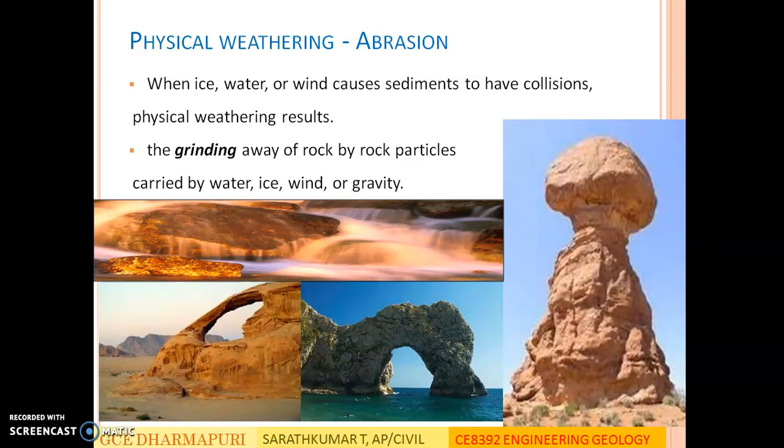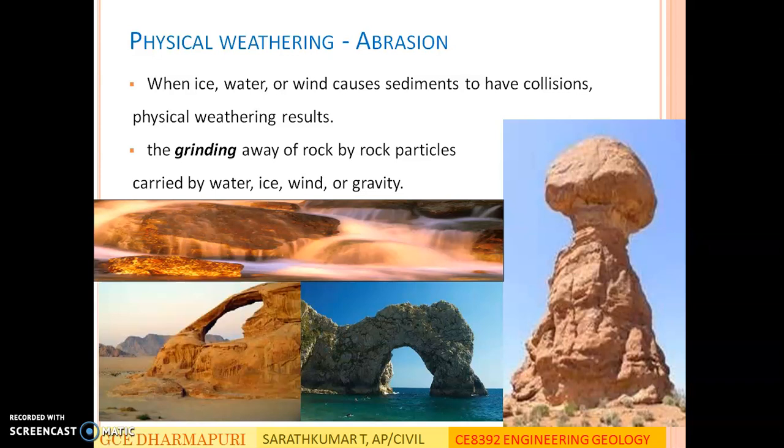So the first type is abrasion. When natural agents like ice, water, wind flow over a rock, they carry sediments. For example, if a river passes over the rock, the river has suspended silt particles that will collide and abrade the rock.